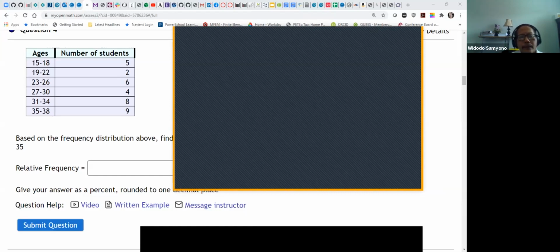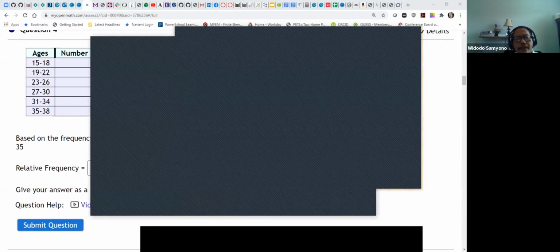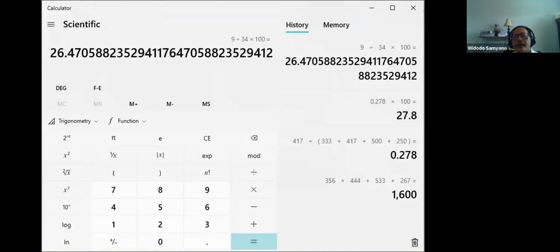Sorry, I forgot to share the calculator. So you have 9, the frequency of the class with lower class limit 35, divided by the total frequency, which is 34, and then multiply by 100.